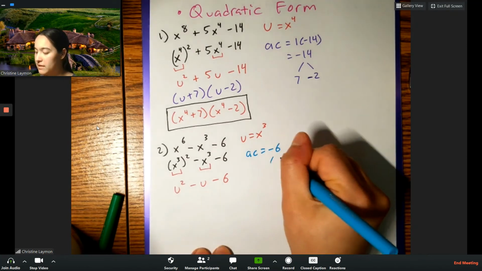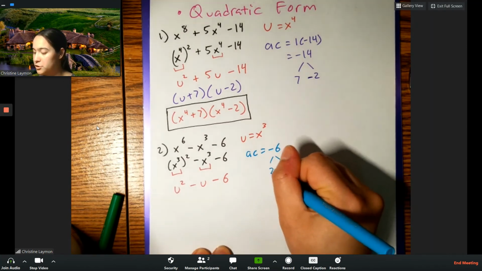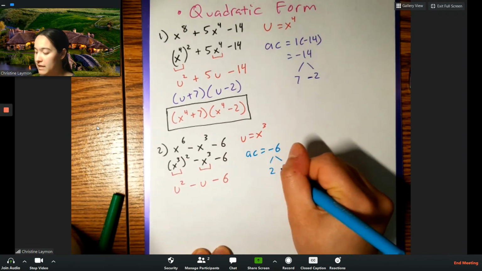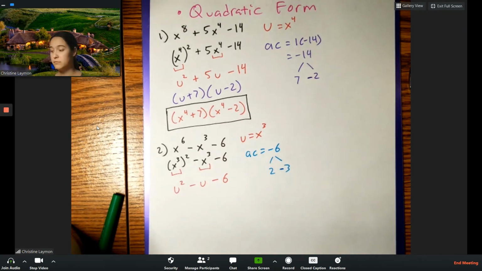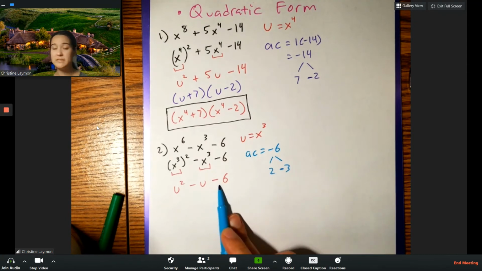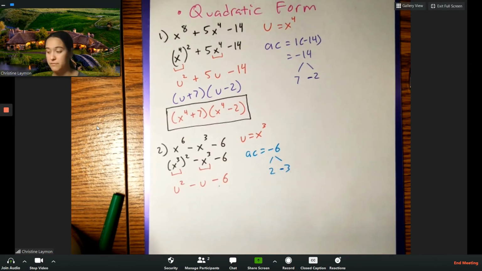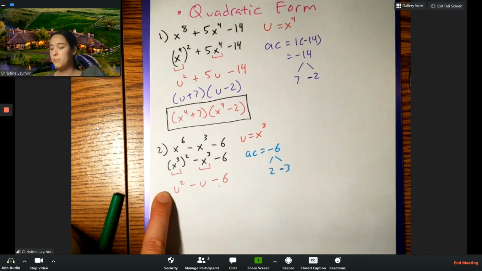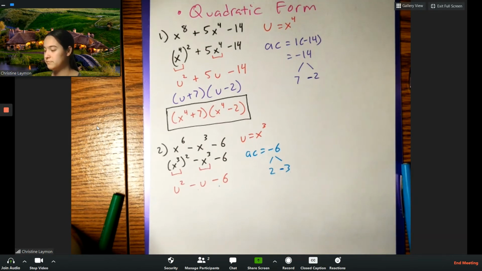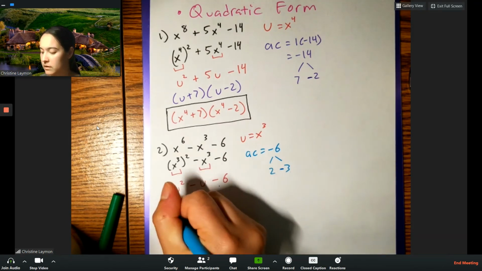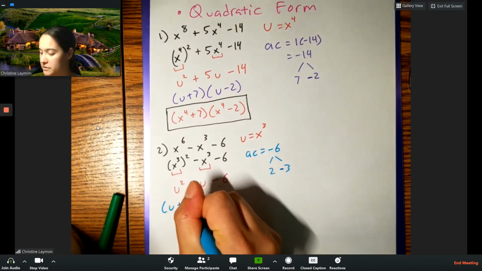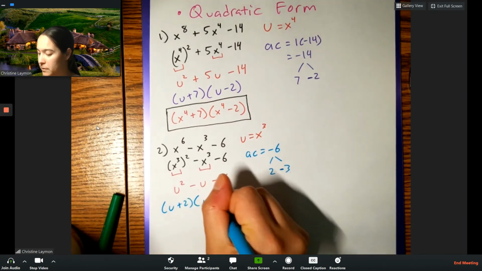When I break that down, if I choose 2 and 3, if I make that negative go on the 3, well, 2 times negative 3 is my negative 6. 2 minus 3 is my negative 1. That's how I know I've picked the right values. Again, in this case, my front value is just a regular 1, so I can use my shortcut. I'm going to have U plus 2 and U minus 3.